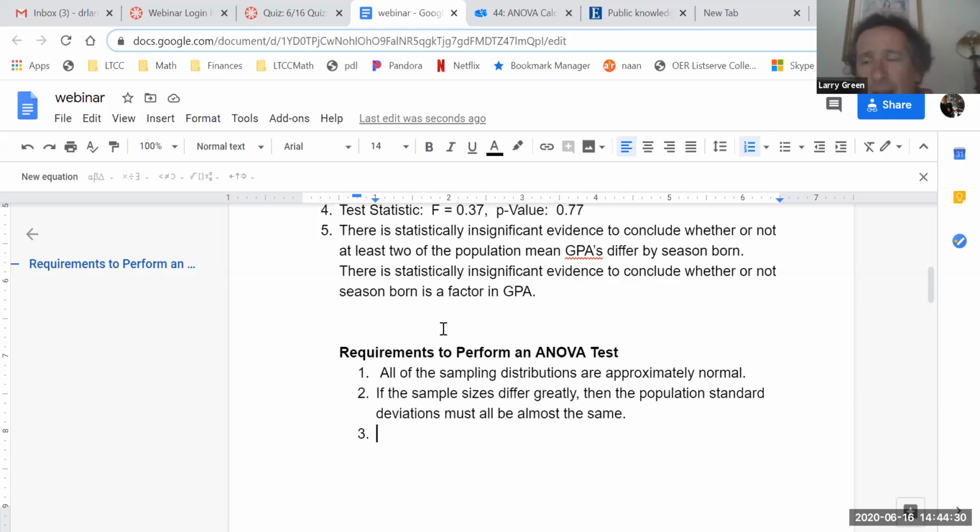For any hypothesis test, what is something that you always have to have as a requirement? No? Here's a hint. We talked about it in the first week of class.